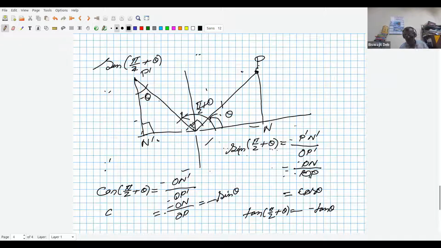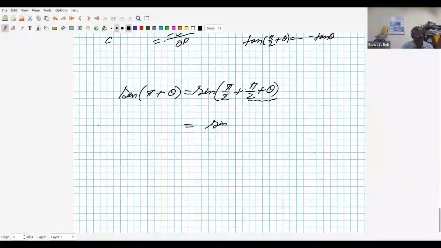And the role of ON dash and OP, P and P dash N dash will change. So what we are going to get here then, this is cos of pi by 2 plus theta, and then finally it is minus sine theta. Fine.